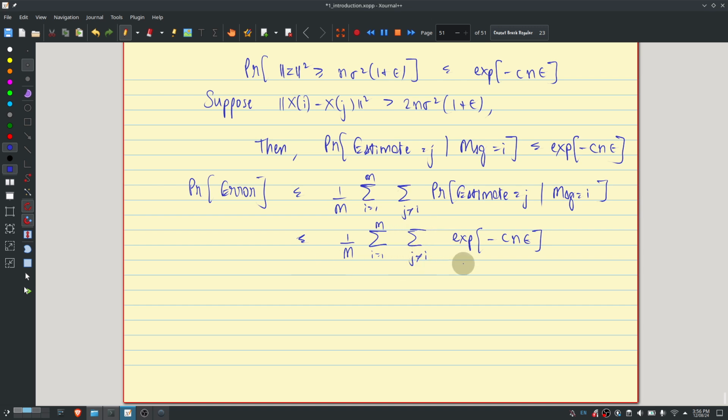If I sum over all possible j not equal to i, I just get m minus 1 times e raised to minus constant times n times epsilon. Right?